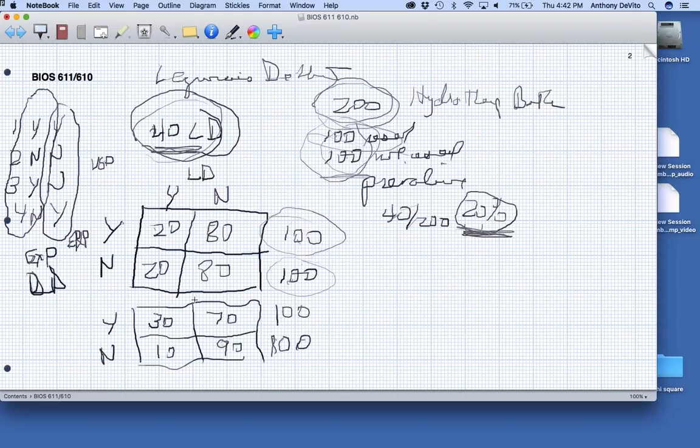Okay, so now the real question is, we see that there's a difference between our observed values and our expected values.